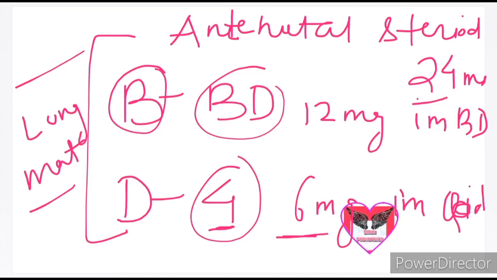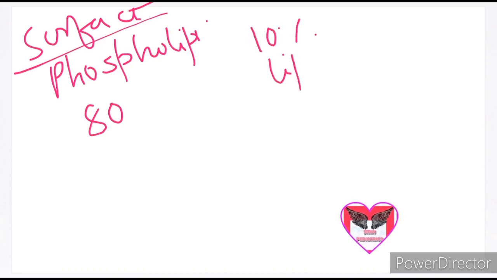This is given to the mother to improve lung maturation. Next we have surfactant. The composition of surfactant is commonly asked in theory examinations, even in the OSCE examination. So the composition of surfactant is phospholipid 80%, 10% is lipid, mostly cholesterol, and 10% is protein, surfactant protein.